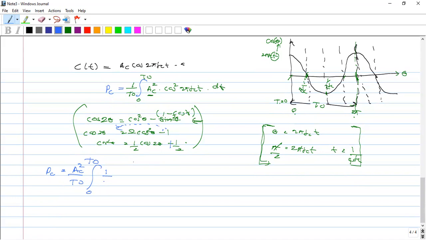So I have half cos 2t plus half dt. So instead of cos square 2π fc t, I can write this. Here theta is 2π fc t, and 2 is also there, so it will be 4π fc t. So I will write it again.